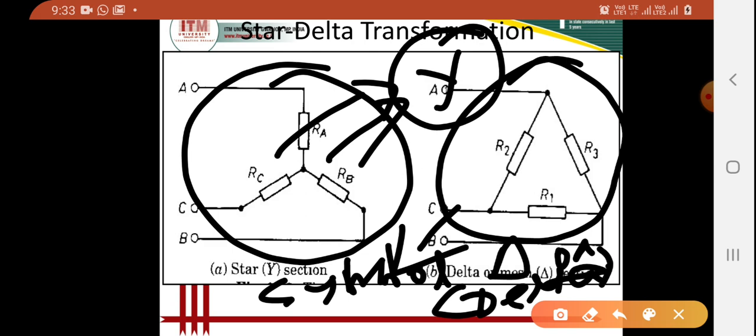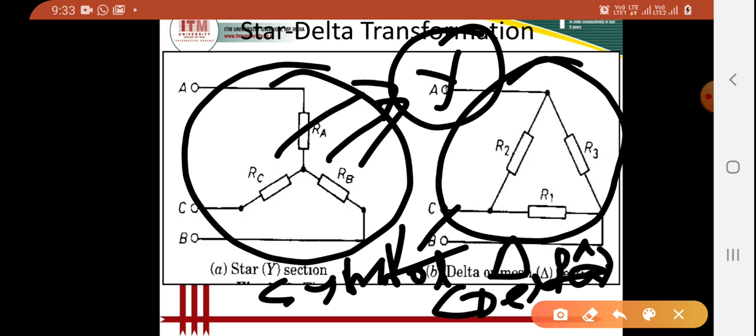So when we are talking about a standard three-phase circuit, we are trying to understand the circuit in the form of a star or delta connection. When it is star, we denote the connection as Y, and when it is delta, we symbolize it as a triangle or delta.